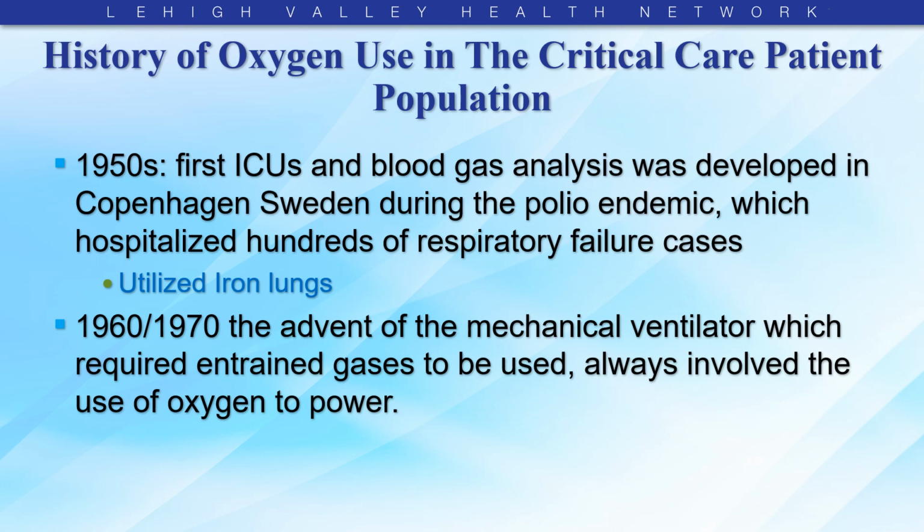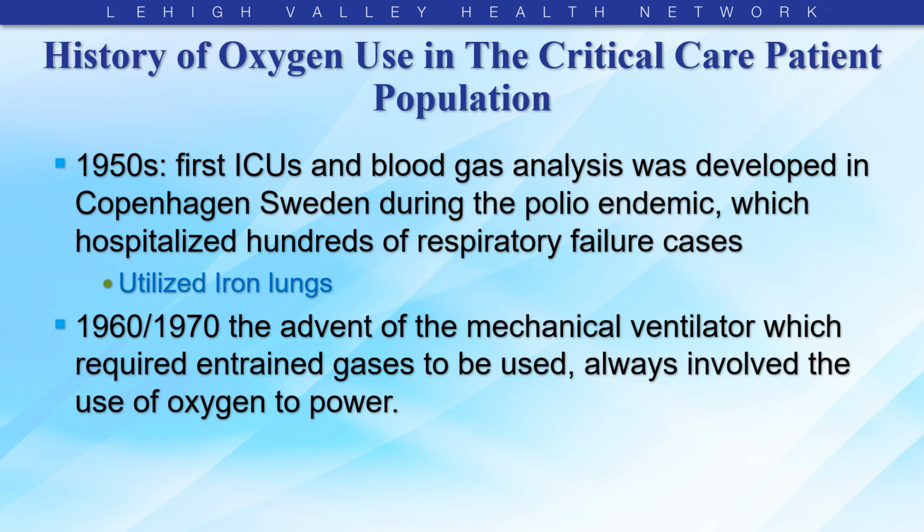So the history of oxygen use in the critical care patient, you have to understand that critical care has not been around that long. It was in the 1950s that the first ICUs and blood analysis were developed in Copenhagen during the polio epidemic, when hospitals had hundreds of respiratory failure cases.